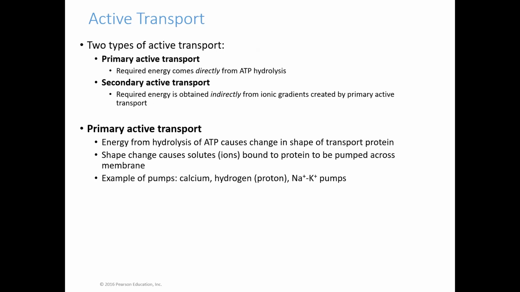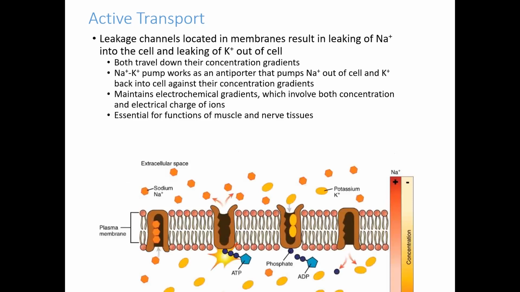And the most well-known of all of these active transport pumps is the sodium-potassium pump. Embedded in the cell membrane, it's an enzyme. It is an antiport because it pumps sodium out and potassium in. Let me give you a little bit of background here.